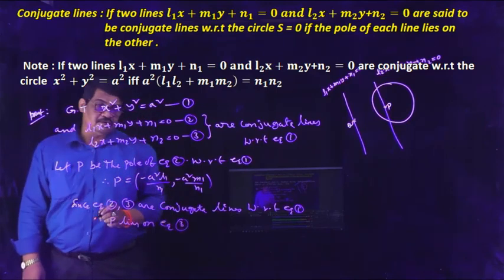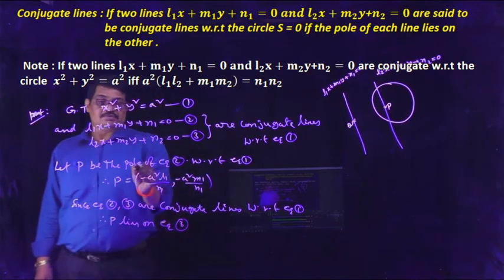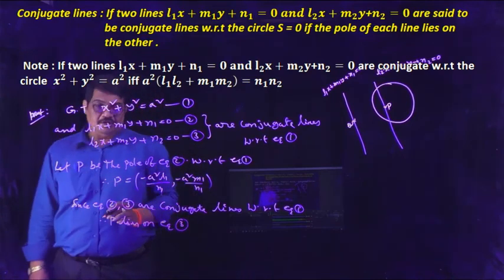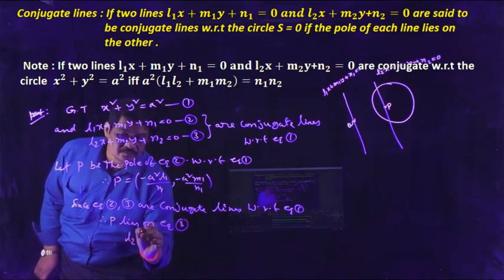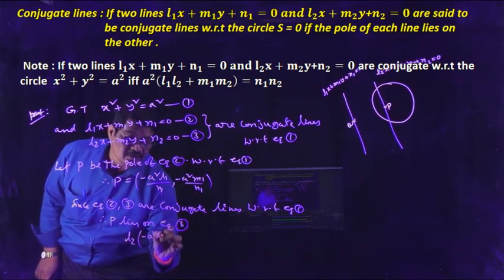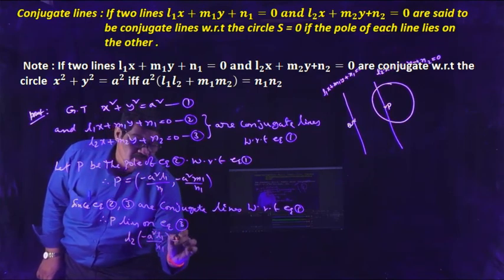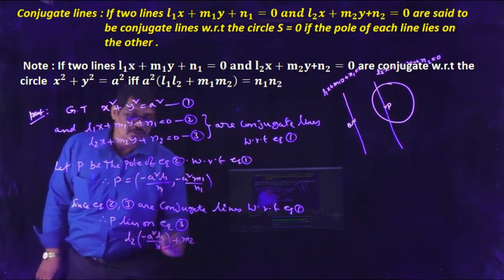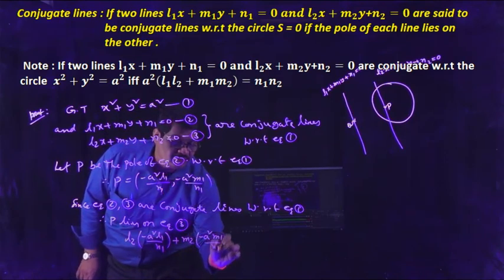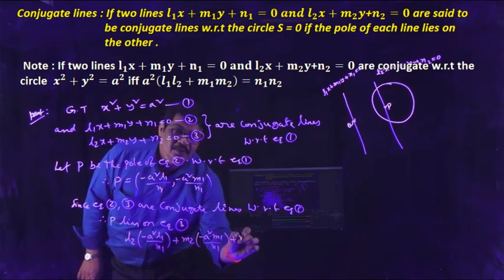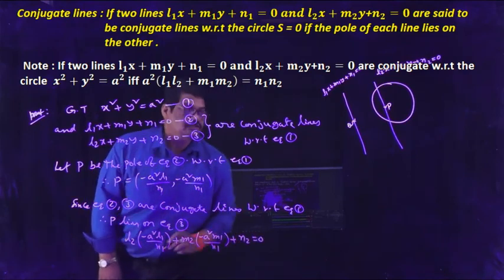Now we substitute this point in equation 3. That is L2 into minus a square L1 by N1 plus M2 into, the y coordinate, minus a square M1 by N1, plus N2 is equal to 0.